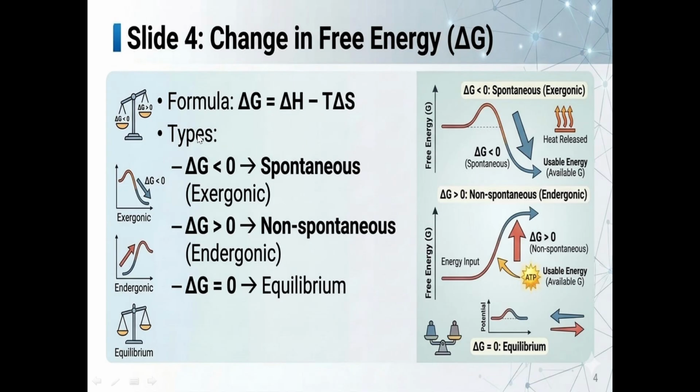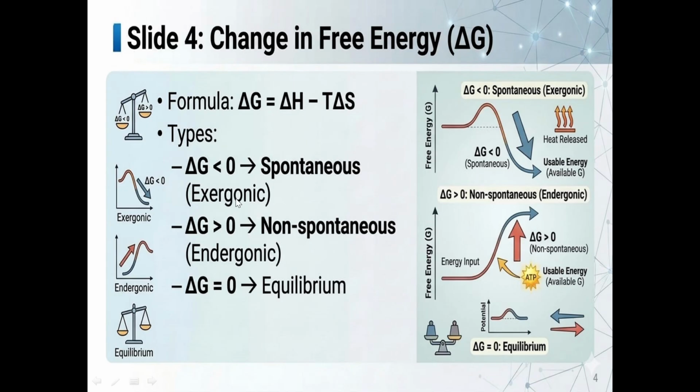And there are different types of change in free energy. If delta G is less than 0, then the reaction is spontaneous, which is also called an exergonic reaction. If delta G is greater than 0, then the reaction is non-spontaneous. It's also called endergonic.